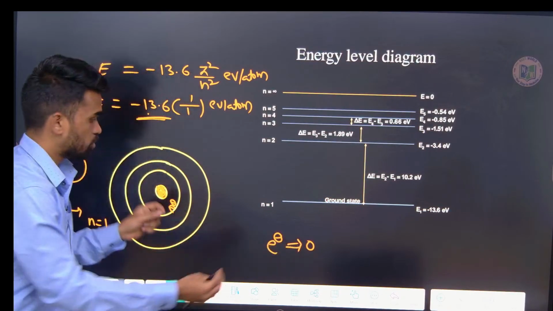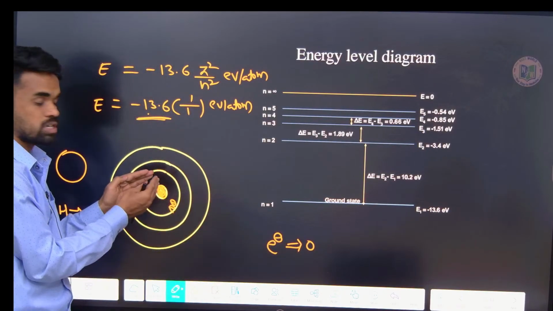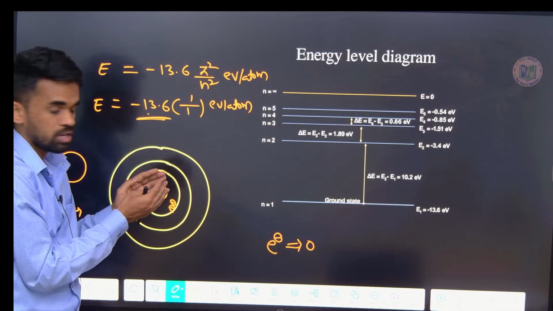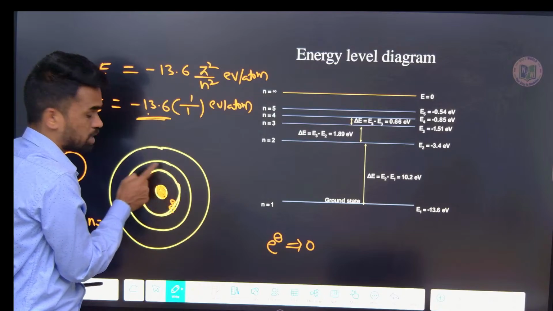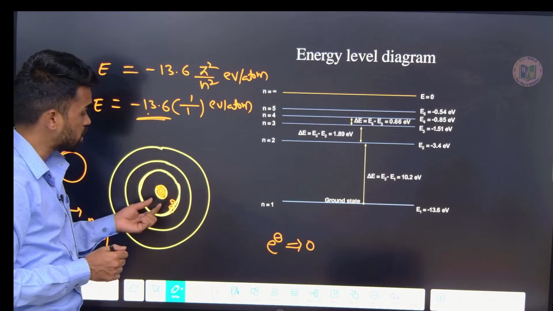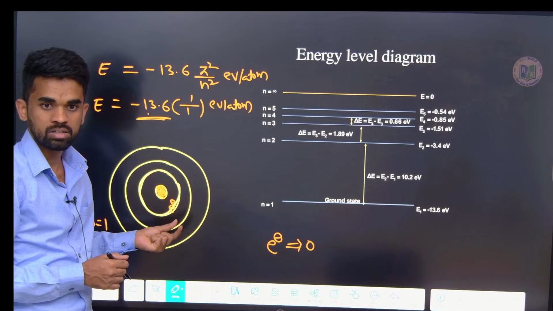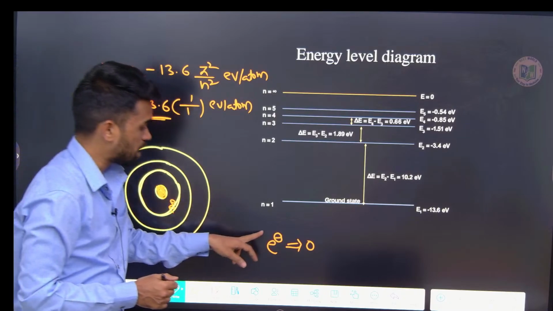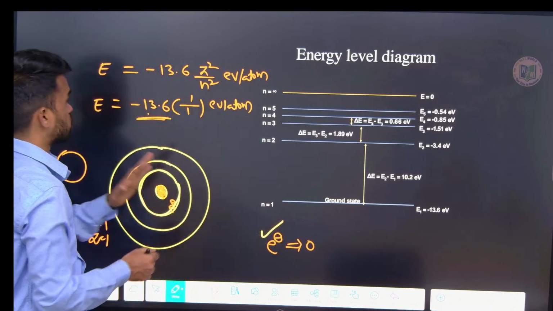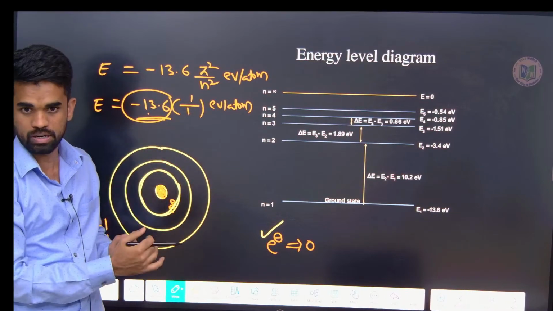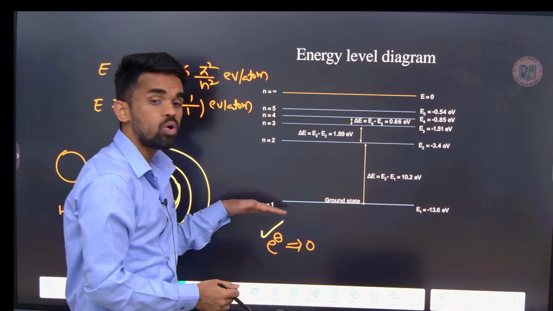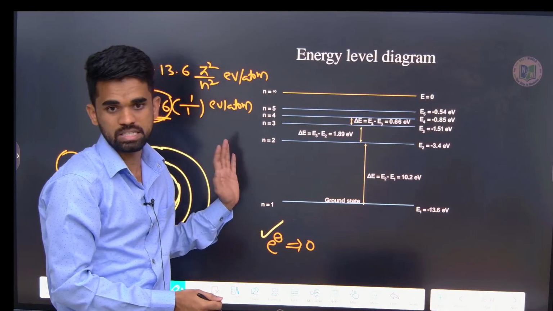Now if it is moving closer to the nucleus, that is, we are putting the electron in the first orbit of the atom, how much energy is lowered when I compare with the independent electron? Minus 13.6 electron volt of energy is lowered. It means this is the most stable state of that system.